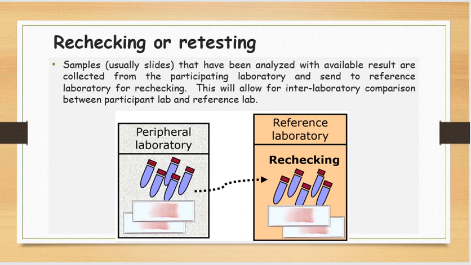This allows for inter-laboratory comparison between the participant lab and the reference lab, meaning that they will select one or two samples that have been analyzed by the peripheral or participating laboratory and send them to the reference laboratory. From there, the reference laboratory will do the rechecking and compare the result, whether it is the same or different. If there is any difference, the peripheral lab has to do troubleshooting to find out where it went wrong.